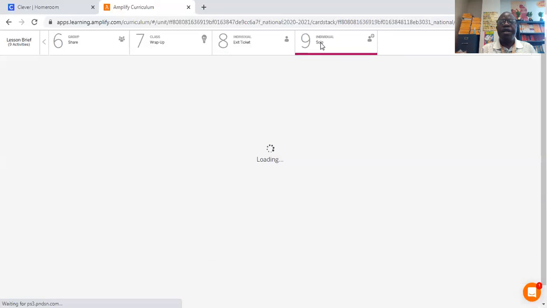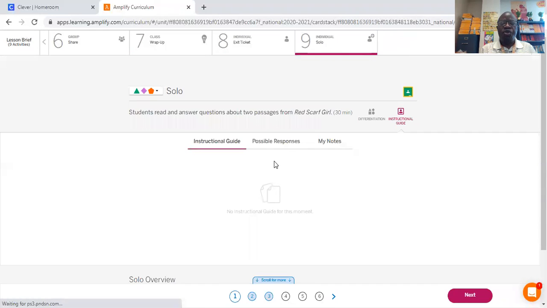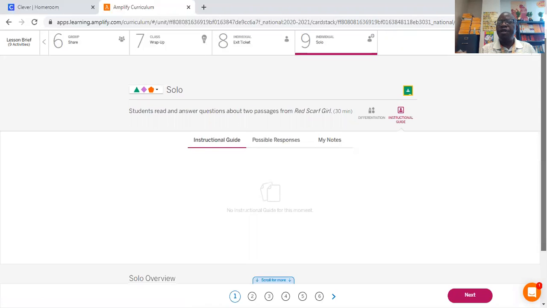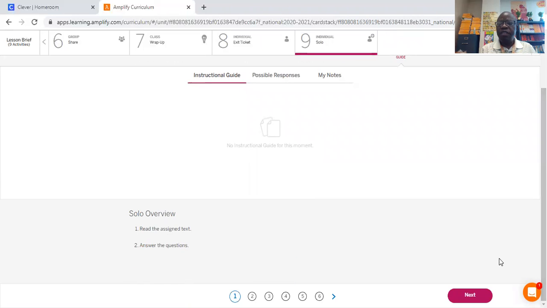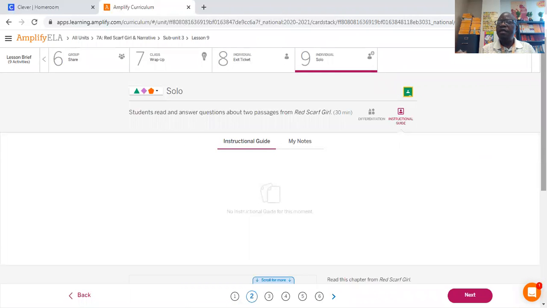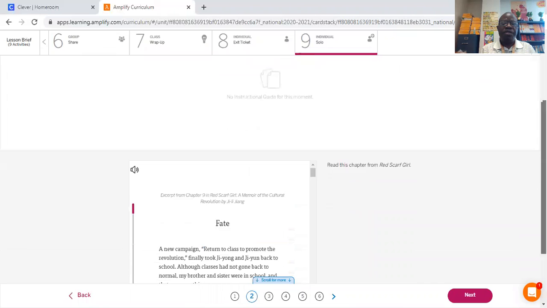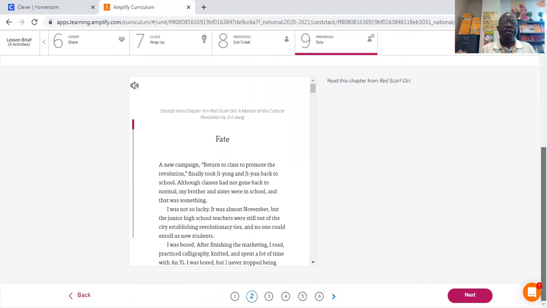And then 9, the solo activity, which will be done from the beginning to the end. So you listen very attentively from the beginning to the end, and then you do all the assignments. I will start the story, but I will not end it. So listen to it.